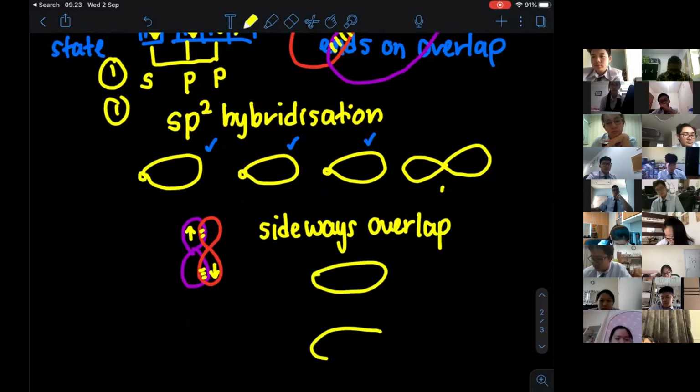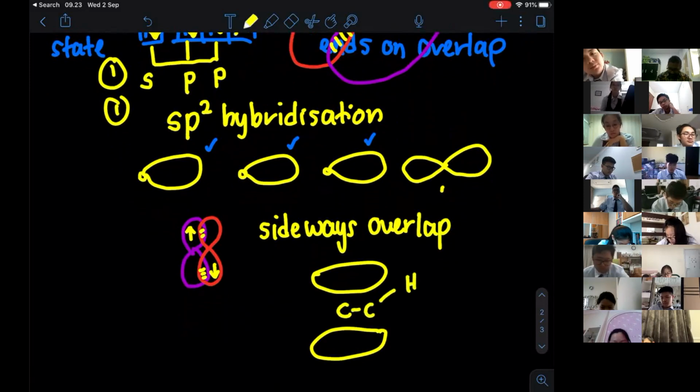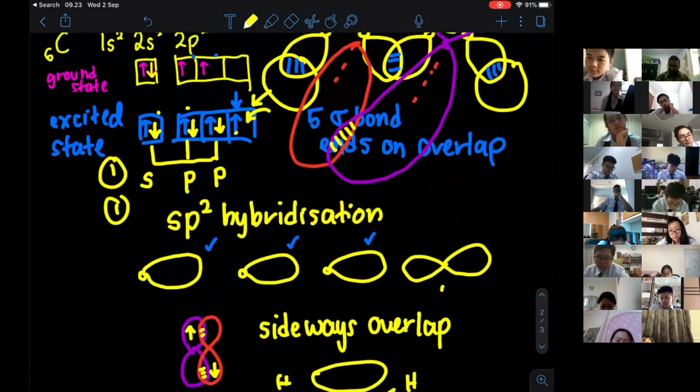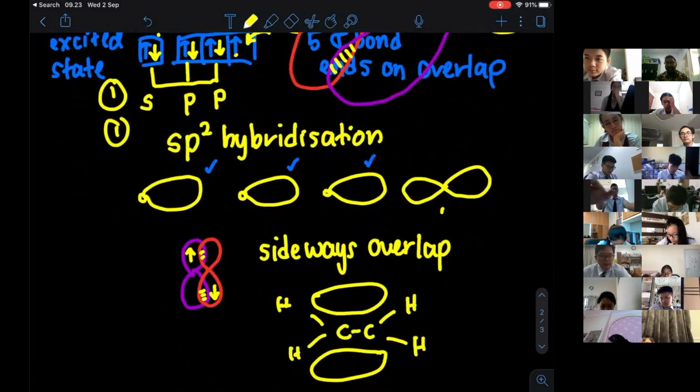If you have a molecule, a carbon, and then another carbon, and you have H, H, H, H, then this part will circle around the carbon.